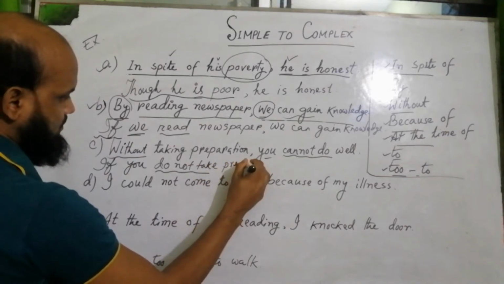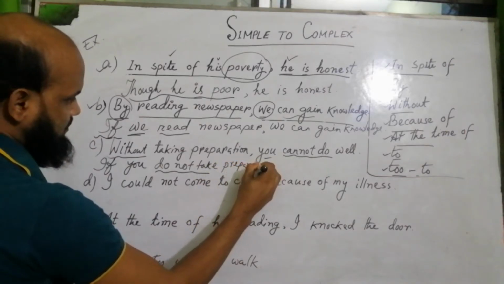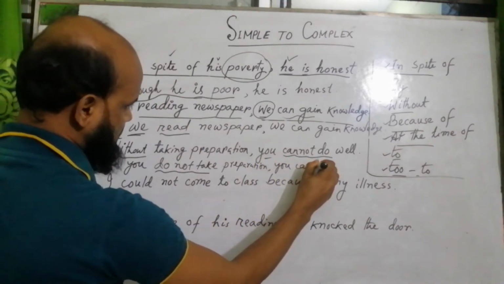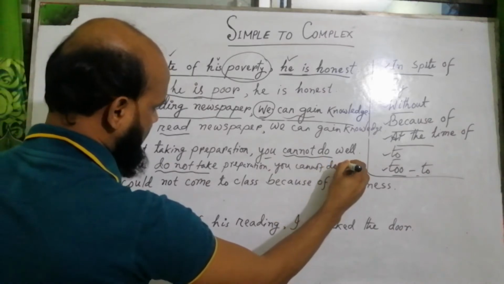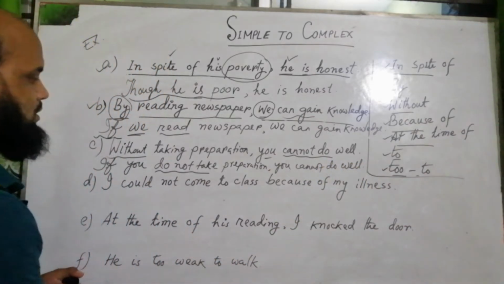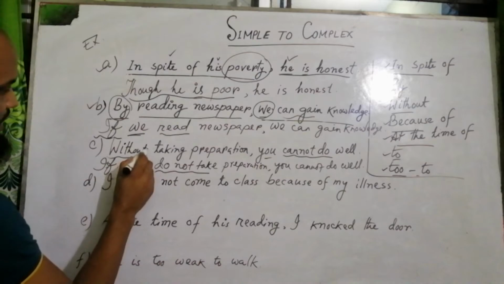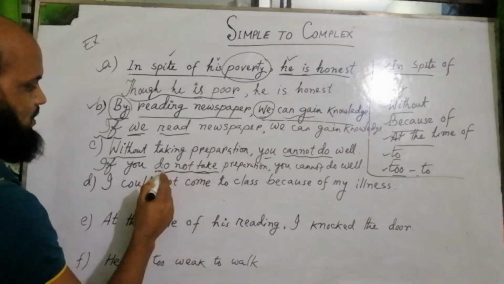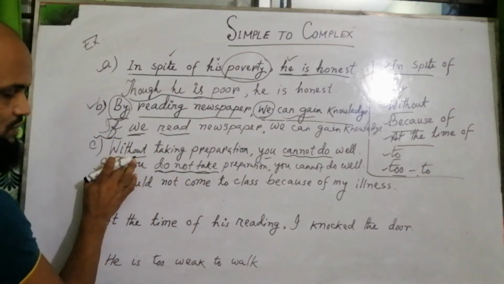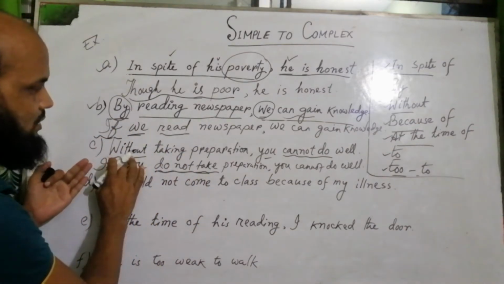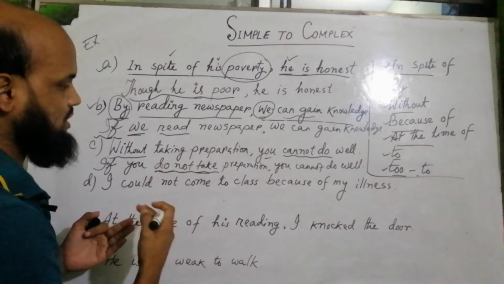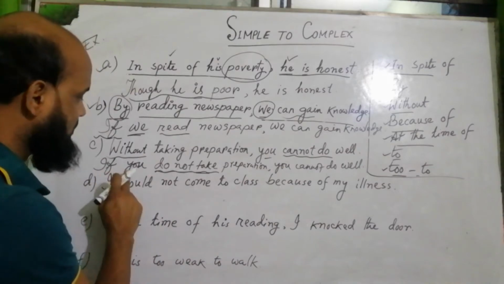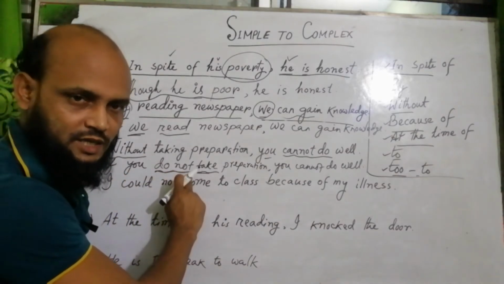Preparation, you cannot do well. You cannot do well. So in case of without, you need to bring a negative here. Do not take. If you see without in the beginning of simple sentence and you are going to change it into complex, then you have to write if, subject and negative.